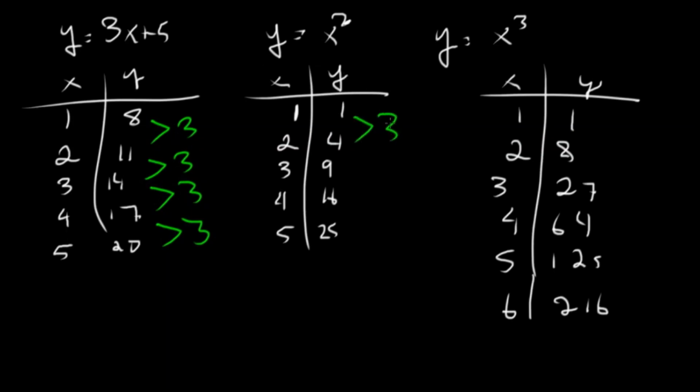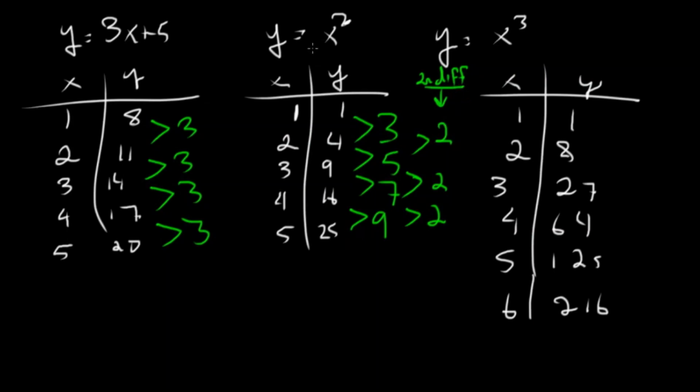The difference here is 3, here is 5, here is 7, here is 9. There is no constant difference here, but if you take it one step out, you get 2, 2, 2. So we call this the second difference. And the second difference in a quadratic will always be constant.